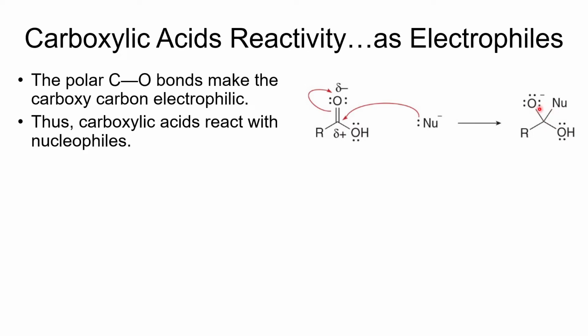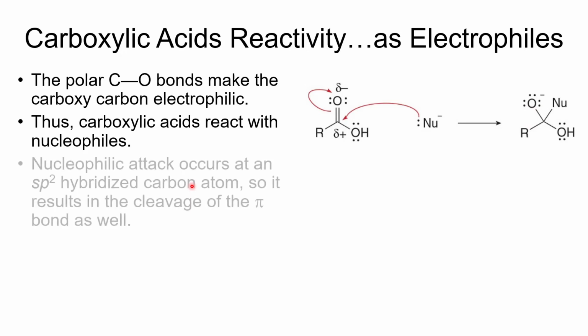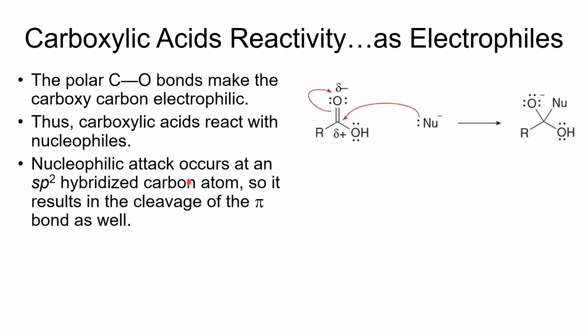This either usually gets protonated, or we have something act as a leaving group. So there's any number of reactions that potentially could happen. Because it's sp2 hybridized, we'll find that the angles here are about 120. And in doing this, we're going to break the pi bond. So this is typically an endothermic step.